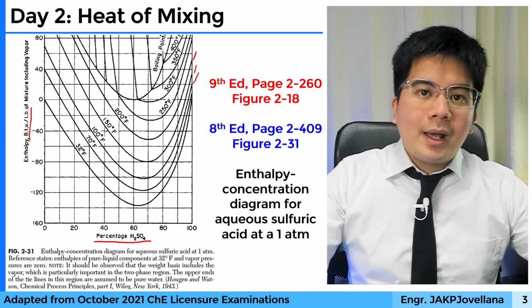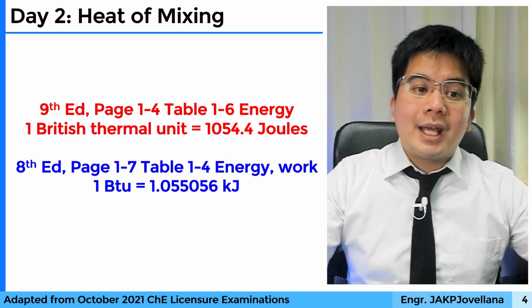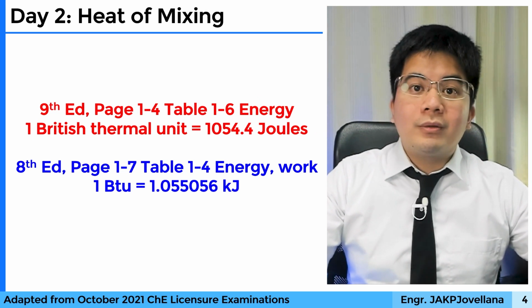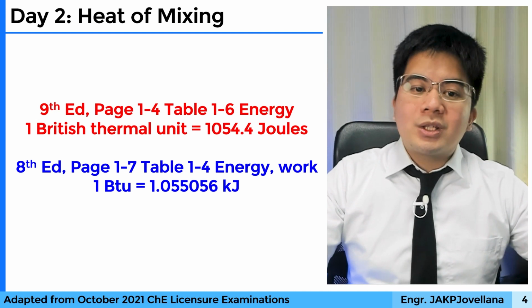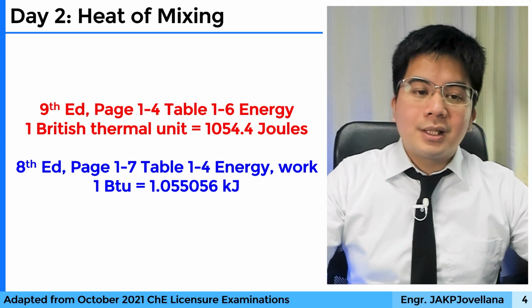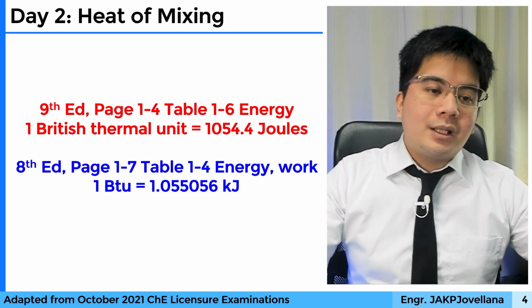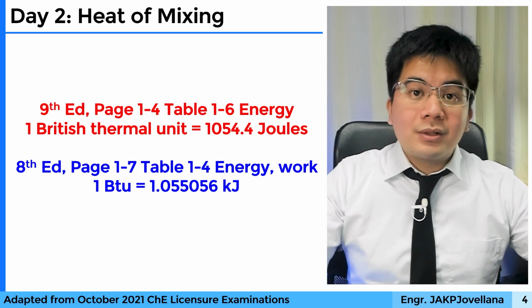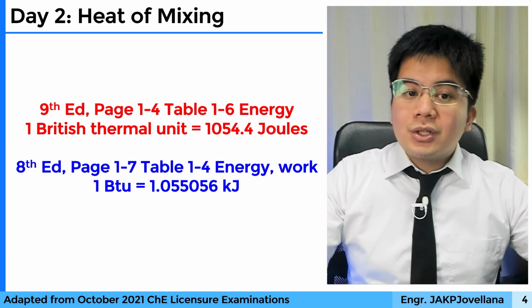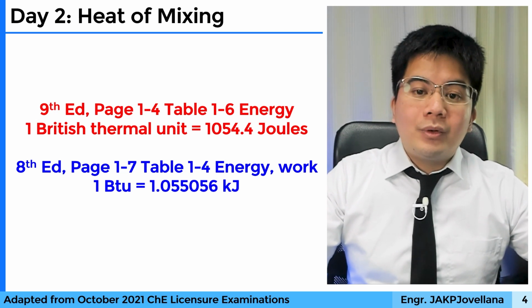In addition, helpful conversion factors for energy are 1 BTU equal to 1054.4 joules, or 1 BTU is 1.055 kilojoules. This can be found respectively in the 9th edition, table 1-6 for energy, and for the 8th edition, table 1-4 for energy and work.